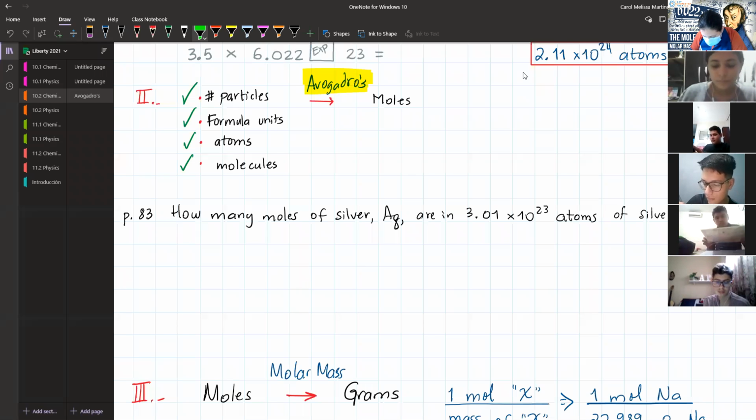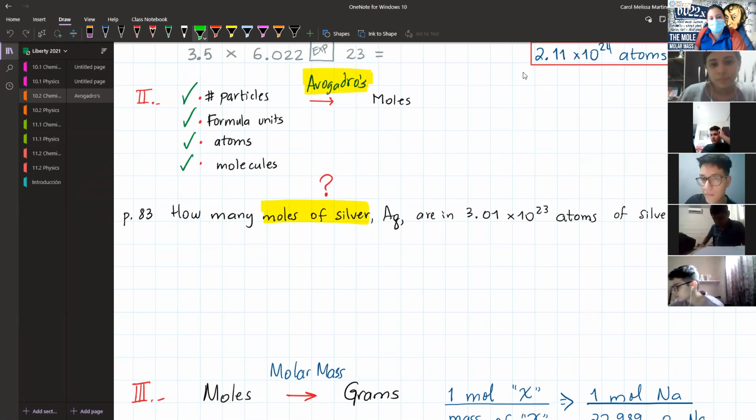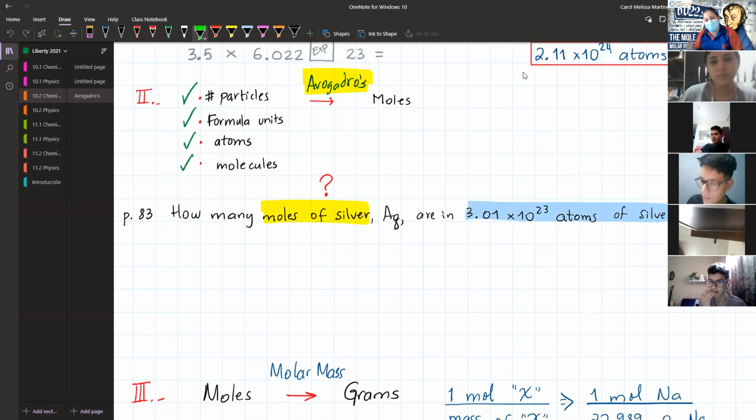Moles of silver is what you need to find. So that will be your unknown. And the number given is, of course, the given. The 3 point whatever atoms of silver is the given. And we always start with the given.